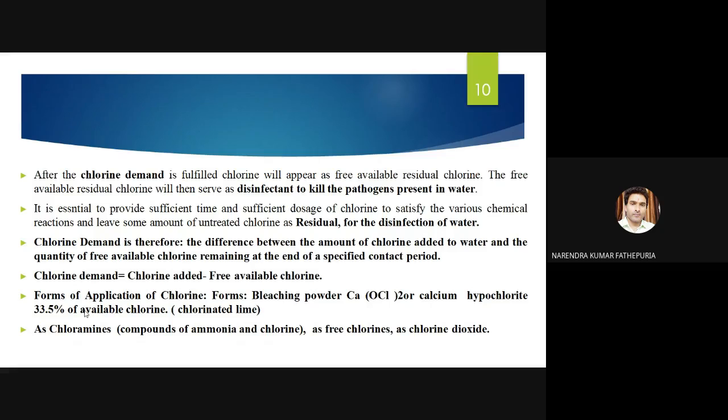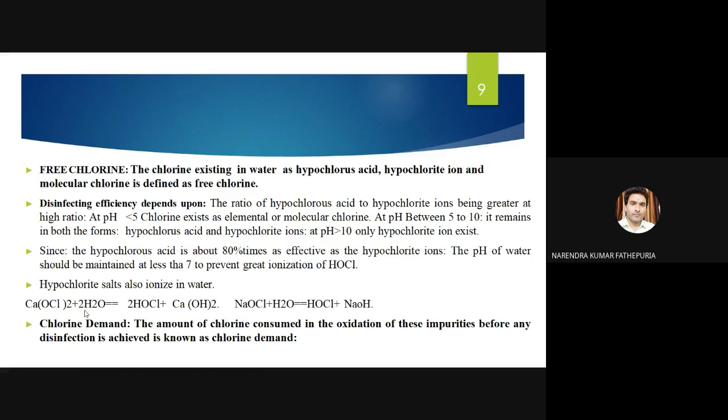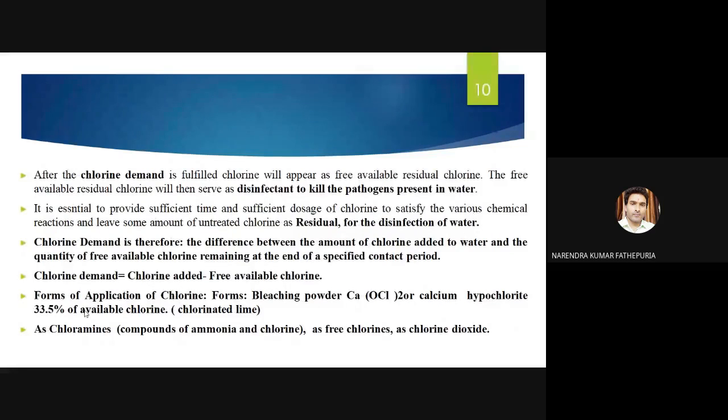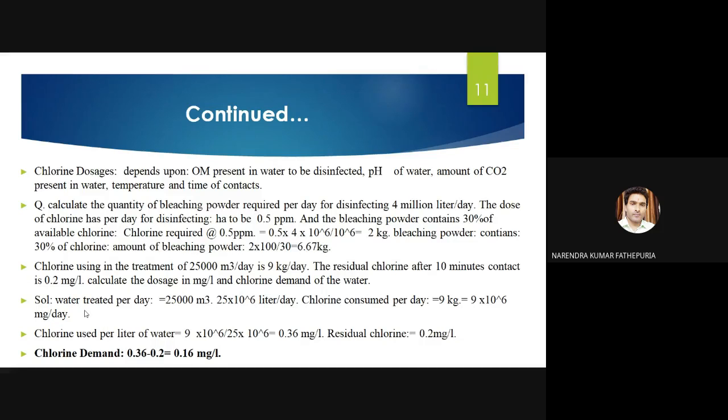Calcium hypochlorite and sodium hypochlorite are easily available materials in the market, and you can use them as a disinfectant. And chloramine is also very good. It's a mixture of ammonia and chlorine, so free chlorine can be extracted.